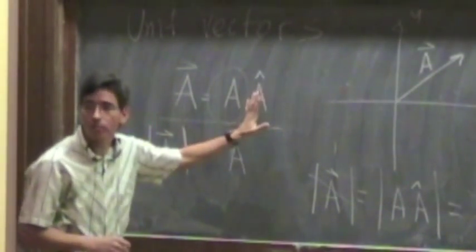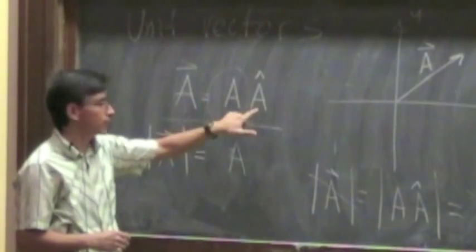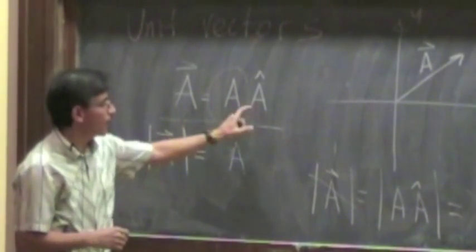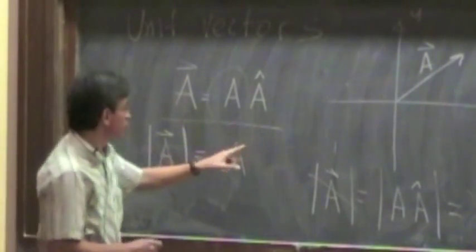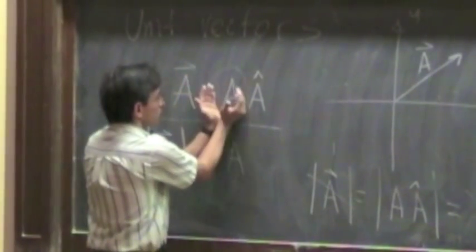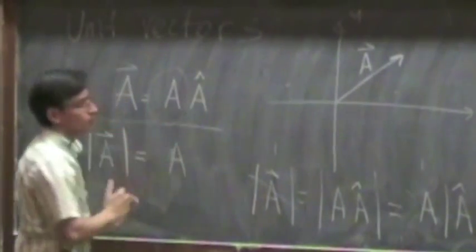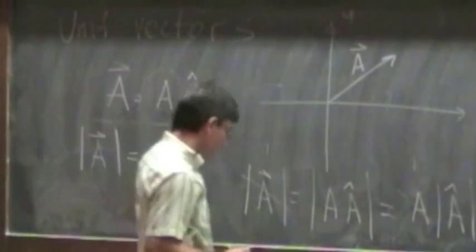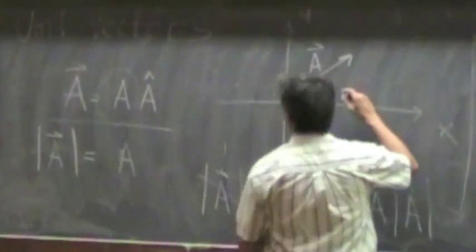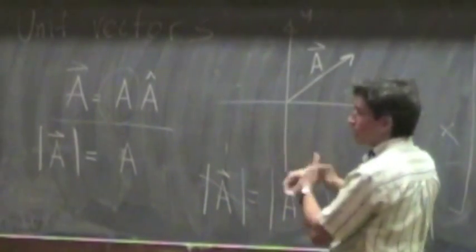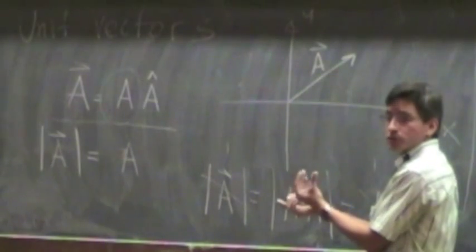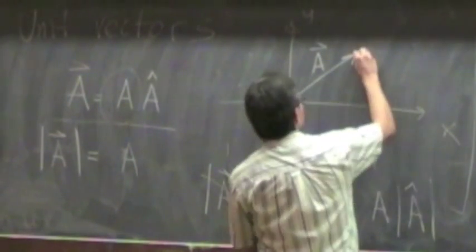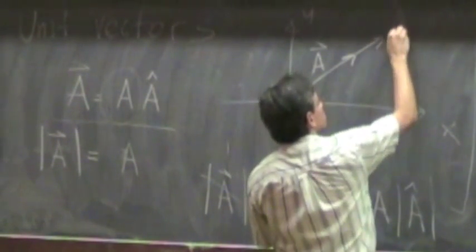What A hat contains is the direction of the vector. So you split the vector into information about magnitude and information about direction. In which direction is A hat pointing? A vector divided by a positive number points in the same direction as the vector, just smaller or bigger. So A hat must be pointing in that same direction.